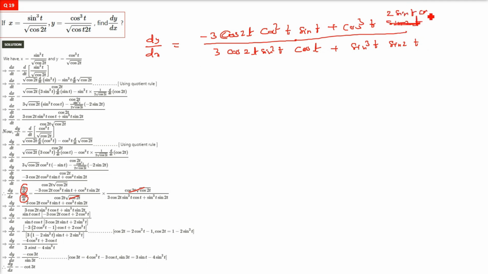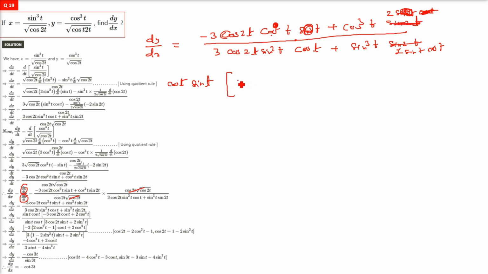In the denominator also the last term will be 2 sin t cos t, and now you have to take sin t and cos t from the numerator and from the denominator as common. Until you do that, you will not be able to solve it, because there are so many terms. How are you going to solve that? So cos t and sin t will come from that, which is why we wrote sin 2t as 2 sin t cos t. Okay. So now we have cos t sin t taken out.